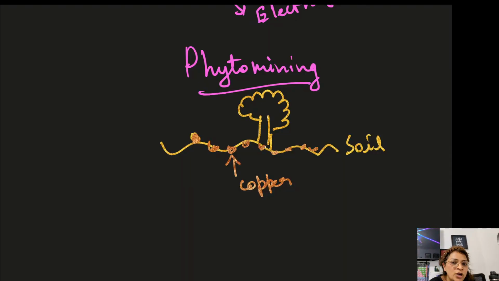Will it remain in the soil or will it travel into the plant, the copper ions or the copper? What will this plant do with the copper in the soil? Yeah, very good. That copper goes into the plant. Okay, this is copper in the plant.